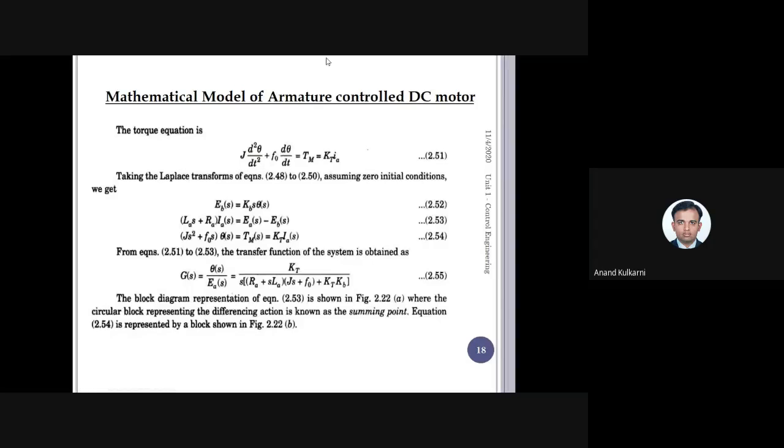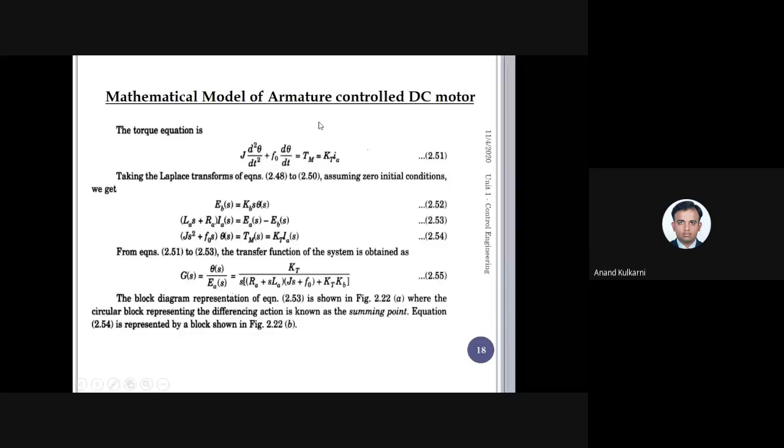So J is like a mass, m into a, is this equation. Similarly, it is J into d omega by dt, or d square theta by dt square. So that is one. The second one is due to damping or friction. So it is B into V, which is replaced by F into omega here, because it is rotating. Omega is d theta by dt. So this is another equation. This is a mechanical equation.